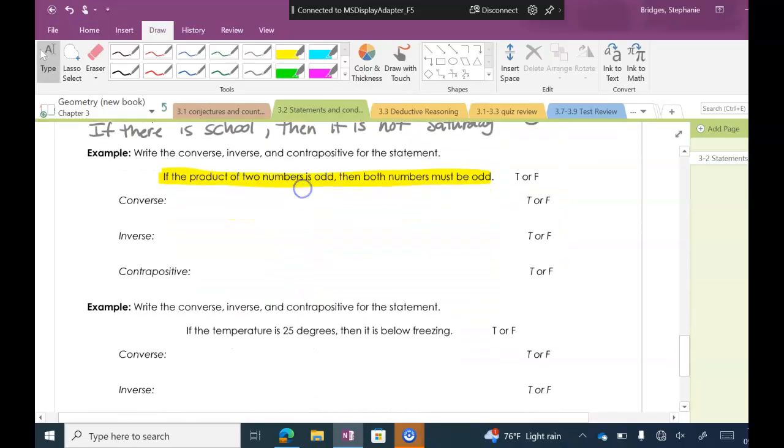It might help you to make sure you underline the hypothesis once and the conclusion twice so that you know what the parts are to switch. Remember, P represents hypothesis, Q represents conclusion.